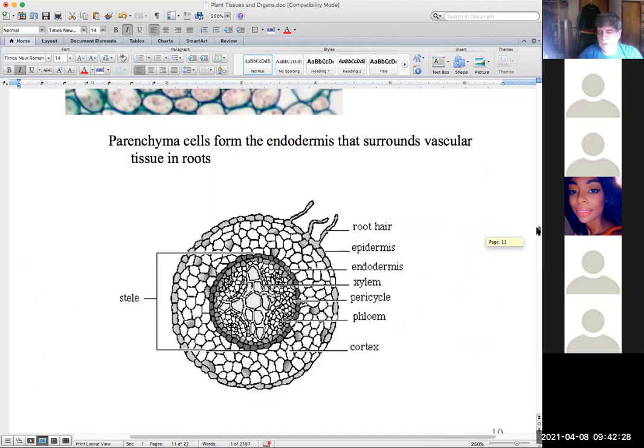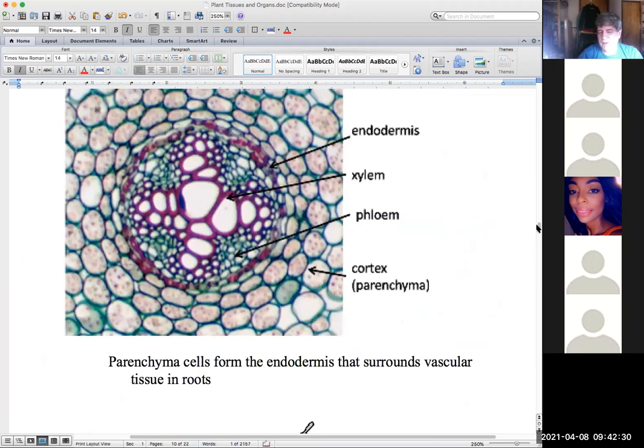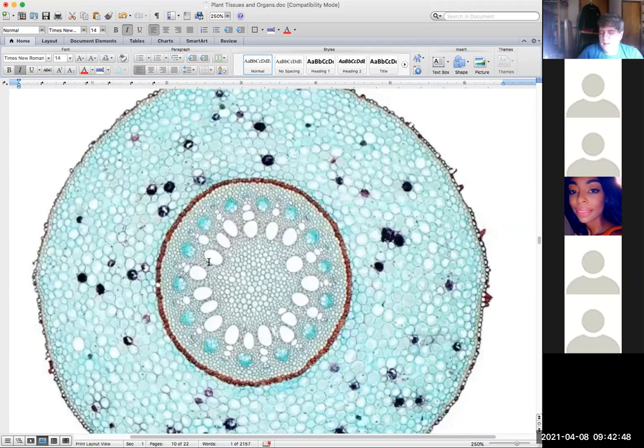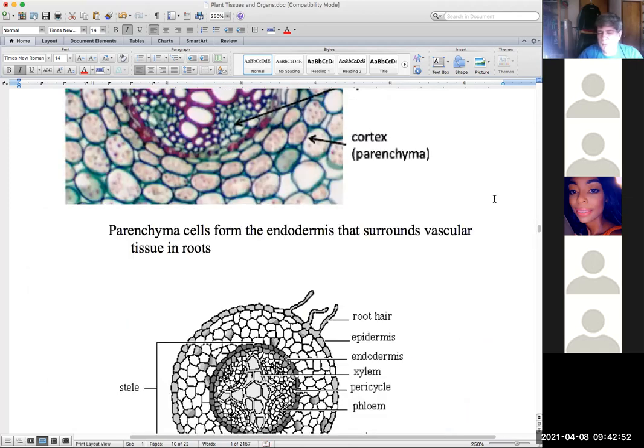Now, if we go back to our dicot root, notice the xylem forms a kind of cross in the middle, and then the phloem is in between the arms of this X. Notice the xylem goes all the way to the middle of the root. So if you think about what we just said, the pith is the area in the middle of the xylem and phloem.